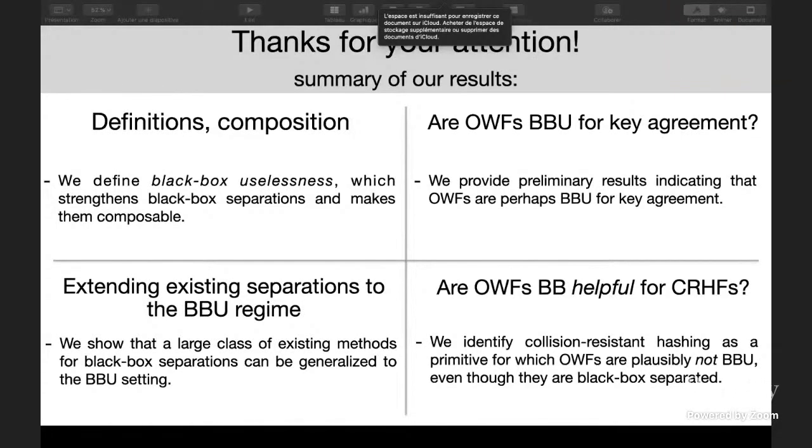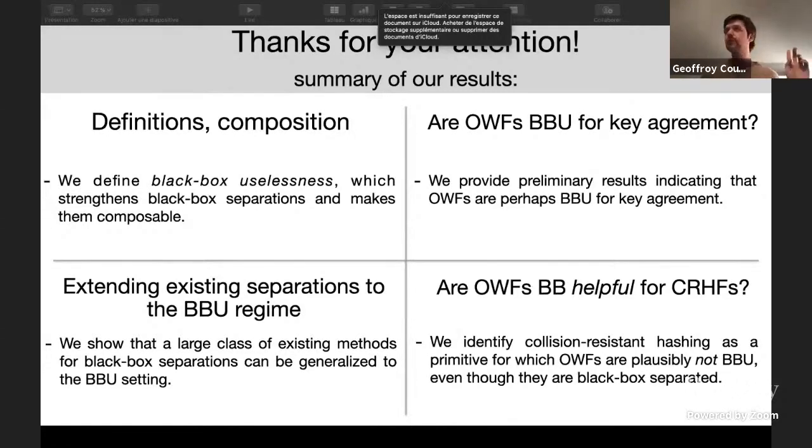I'm sorry, I meant if this key agreement protocol is based on a public key encryption function. So you rule out a reduction that uses a one-way function and another primitive to construct a public key encryption system. Sorry, yes.